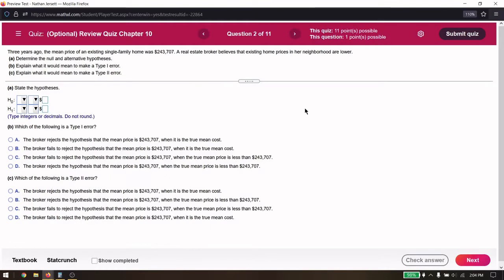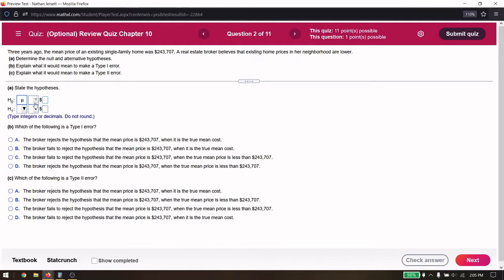Now the next question, I believe, is very similar. Here we have 3 years ago, the mean price of an existing single home was this much. A real estate broker believes the existing home prices in a neighborhood are lower. That's the key thing to note there. So for the null hypothesis, we're talking about a mean price. That's why it's going to be mu, not a population proportion.